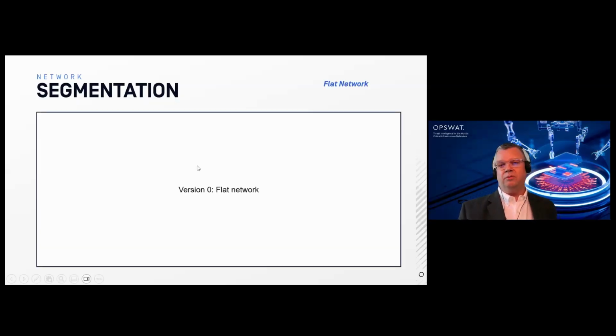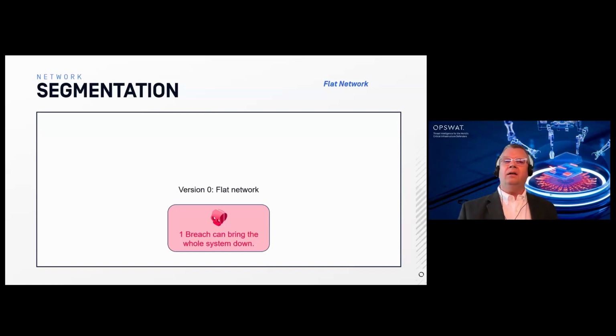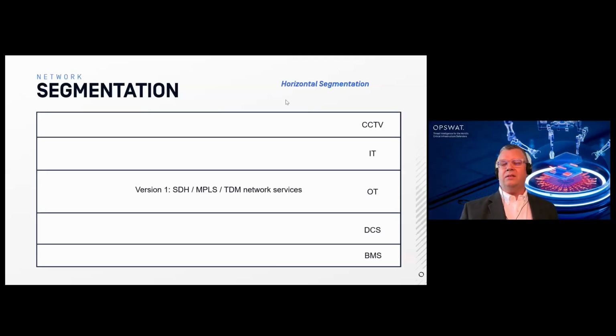From this flat network where one threat would have the capability to take down the whole network, technology evolved, and the first thing that happened was people started implementing horizontal segmentation, right? So instead of having one Ethernet or IP network, there are other networks like SDH and MPLS-based systems and time division multiplexing systems, which allow you to make different services through one physical network.